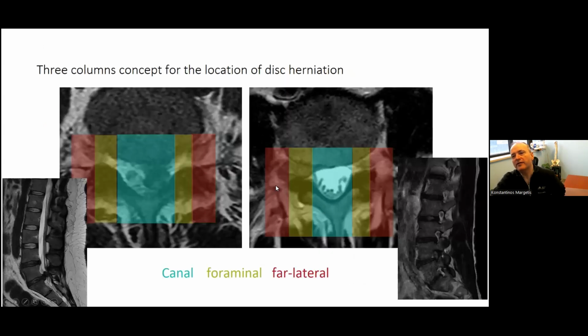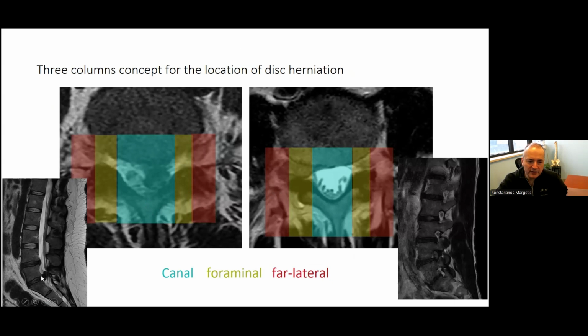Now, about the disc herniations, we usually use these three zones to describe where the disc herniation is. These are axial views of the lumbar spine, and these are sagittal views. On the axial view, the belly is this way, the skin of the back is this way.